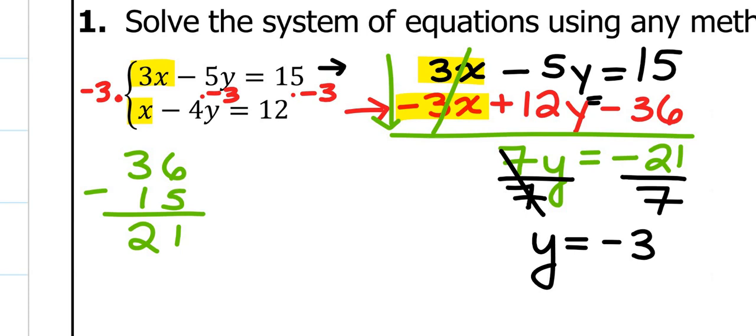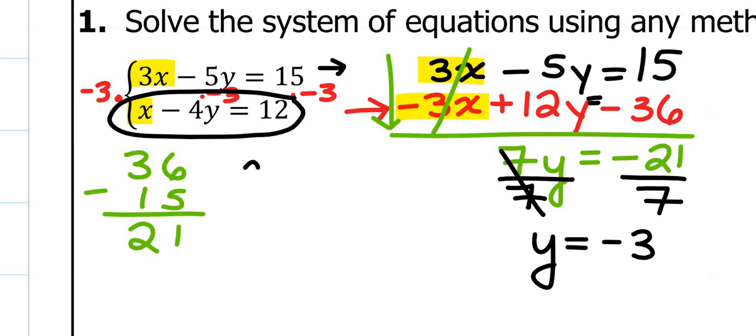negative 3. Now that I have negative 3, I'm going to go ahead, I'm going to plug it into either the top equation or the bottom equation, whatever I want, and it's going to give me the value of x. So I'm going to go ahead, I'm going to plug it into the bottom equation. It looks a little simpler since there's no coefficient to x. So remember, I'm going back to the originals.